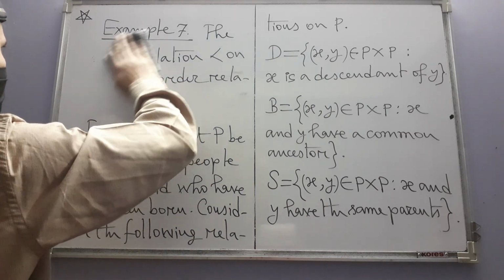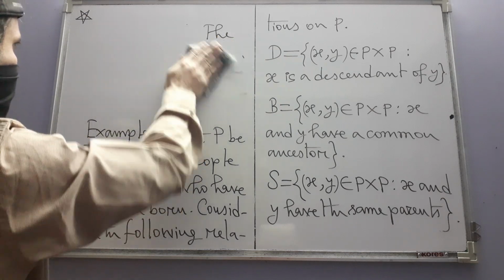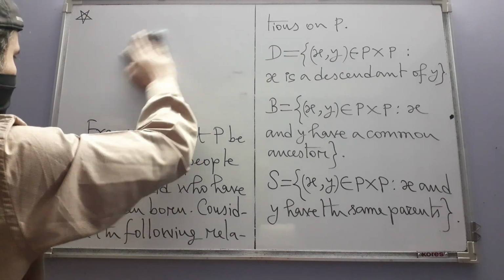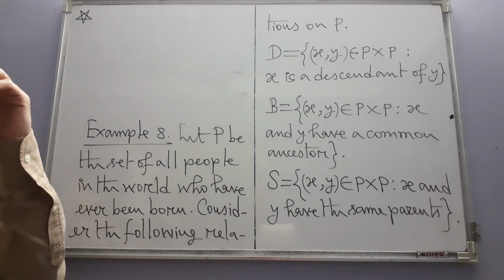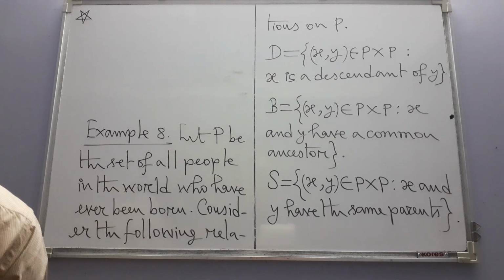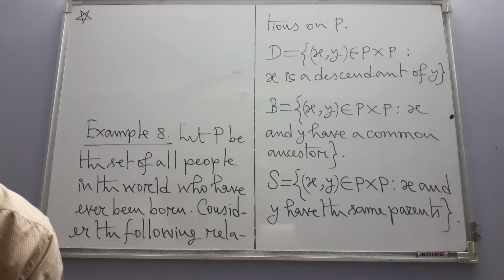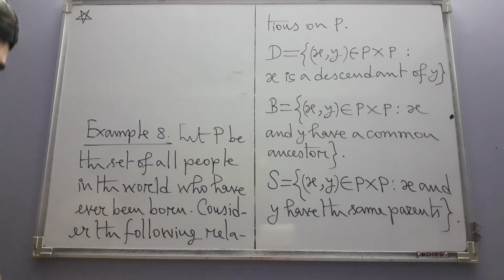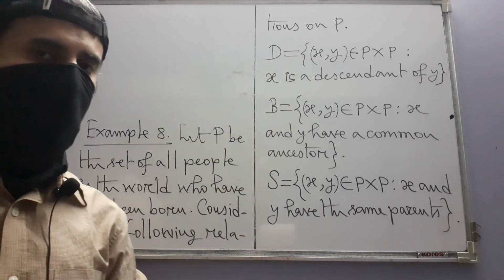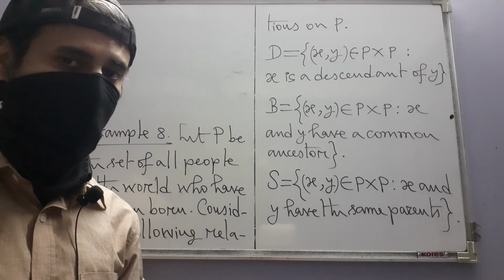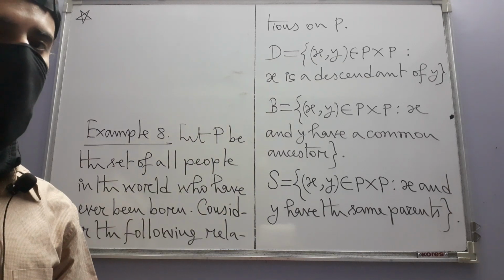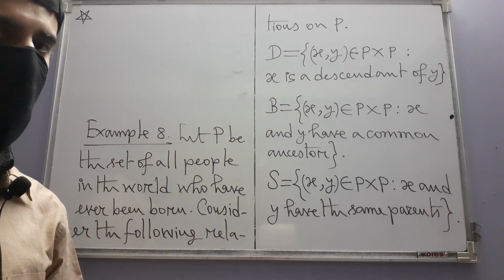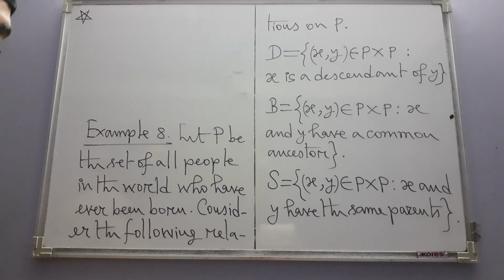Now, which one of these is or are ordered relations and which ones are not? Let's see that. What about the descendant relation? Because that we have written first. Actually, let's talk about the blood relation first, because it's the worst. Not because it's blood, but it doesn't satisfy any of the three conditions that we have in the definition of an ordered relation. How so?